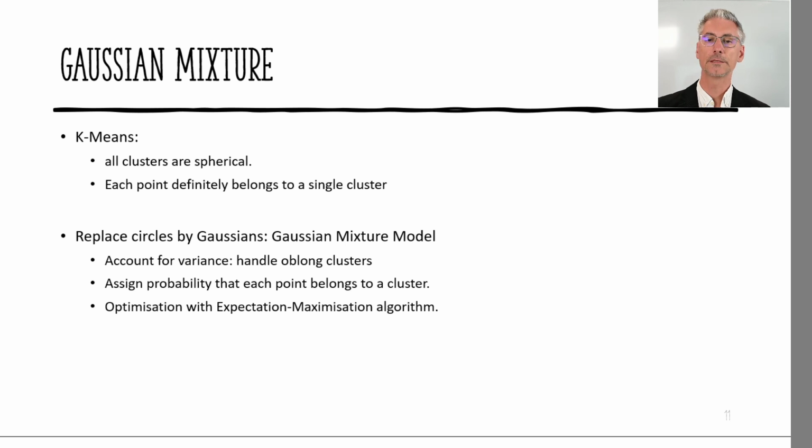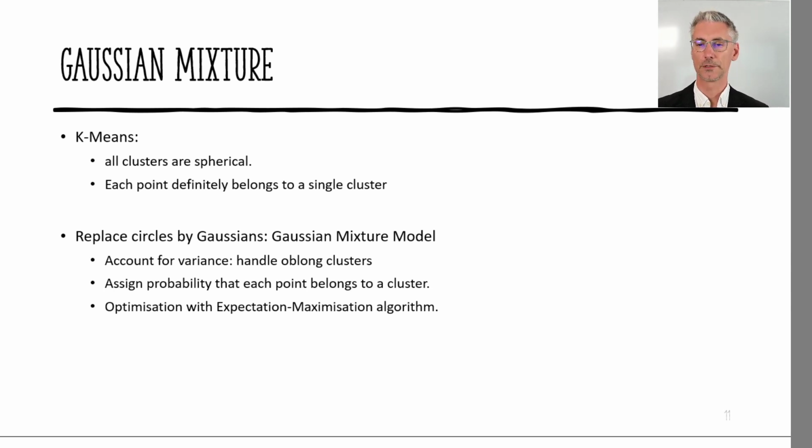We've seen that in k-means all clusters are assumed to be spherical. This is part of the Euclidean distance. Of course, in most realistic scenarios this is not quite fulfilled, and we also need to assume with k-means that each point belongs to a single cluster. So the next step in making this more general is to go to Gaussian mixture models.